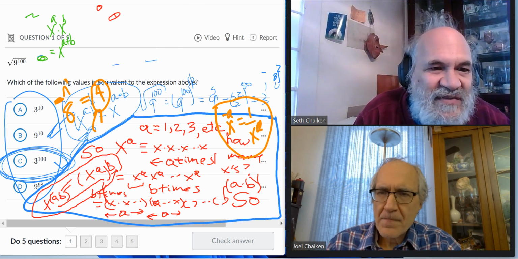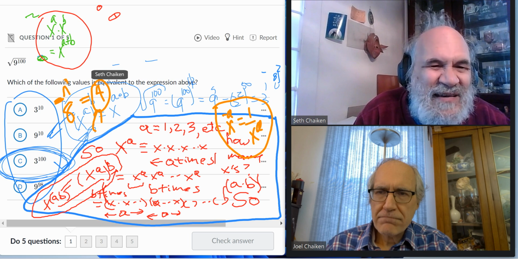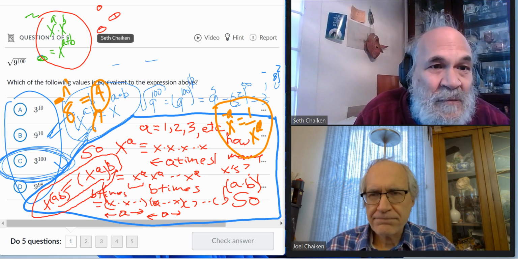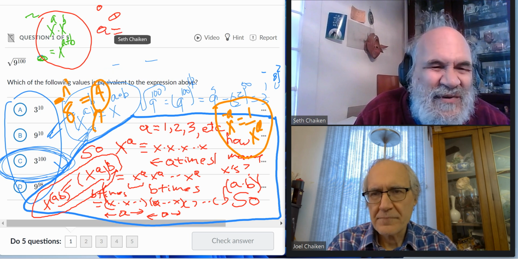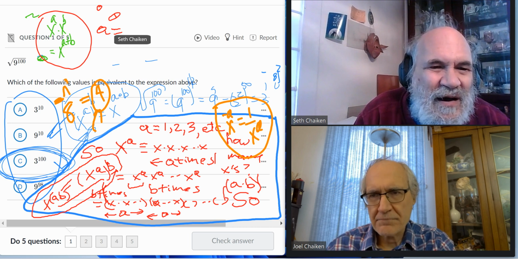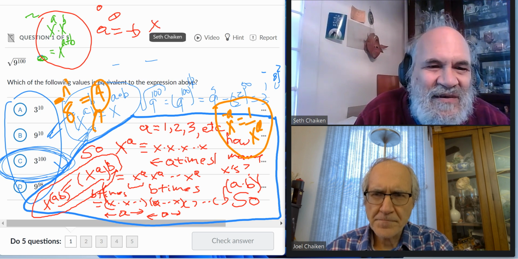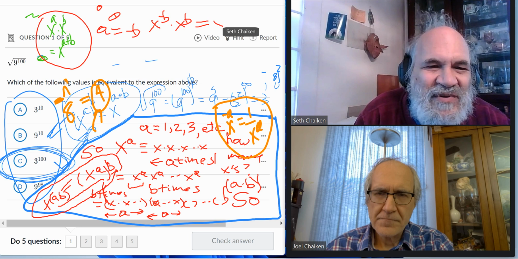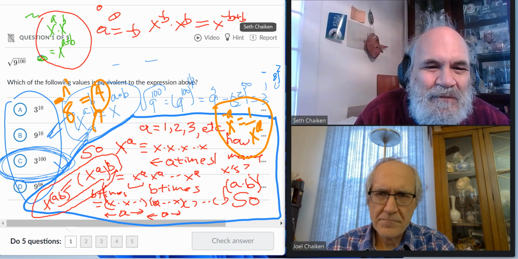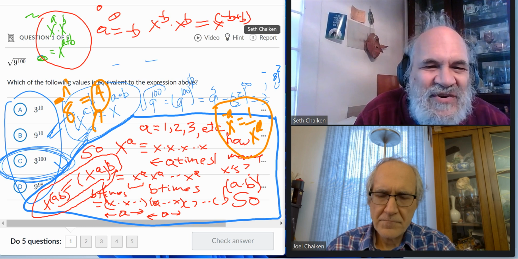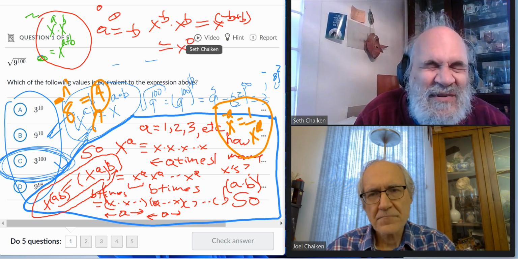Now you take this and take a equals minus b. So then you have x to the minus b times x to the b equals x to the minus b plus b, which is x to the 0.